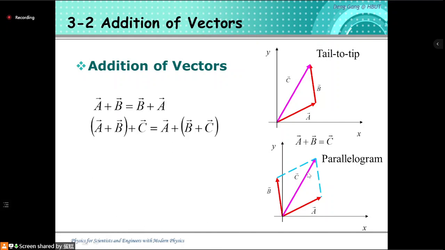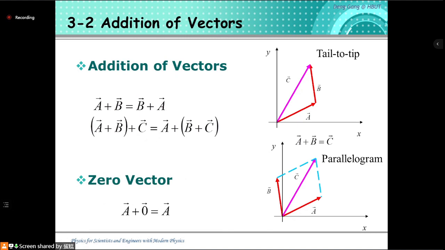That's the same. Okay, so there are several rules, like A plus B should be equal to B plus A. And the summation of A and B, plus C, is equal to A plus the summation of B and C.